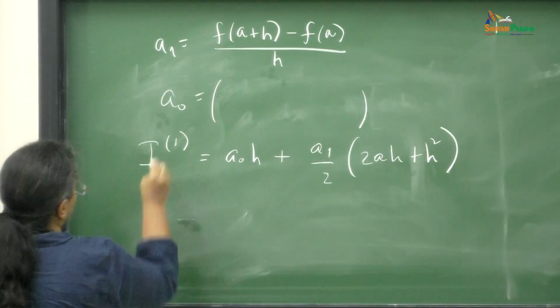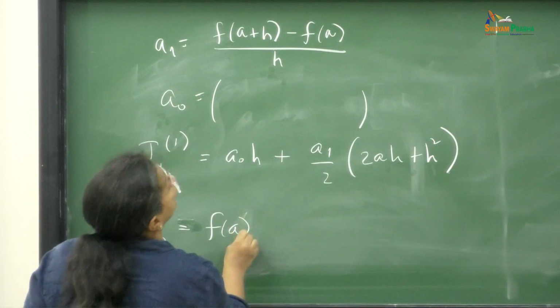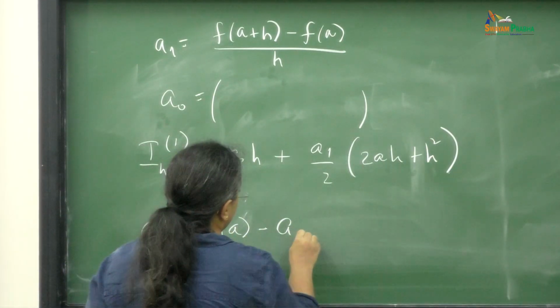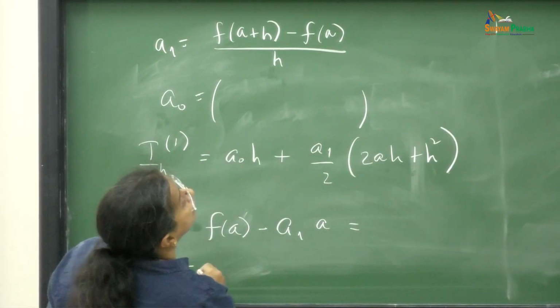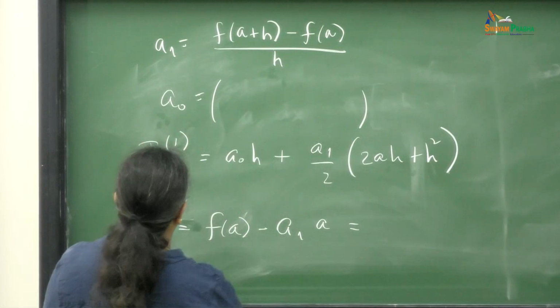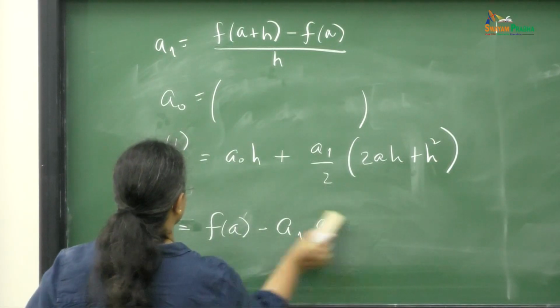So let's do it. What is a0? a0 is f of a minus a1 into a. So what is that? You put it back into this. I think this is the easiest to do.